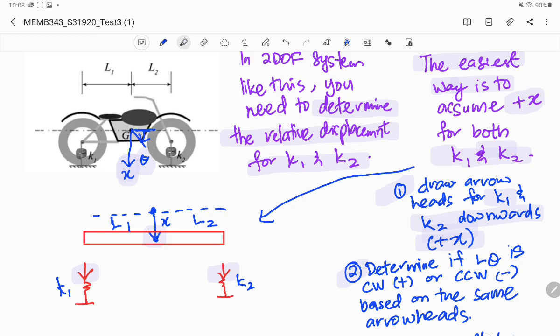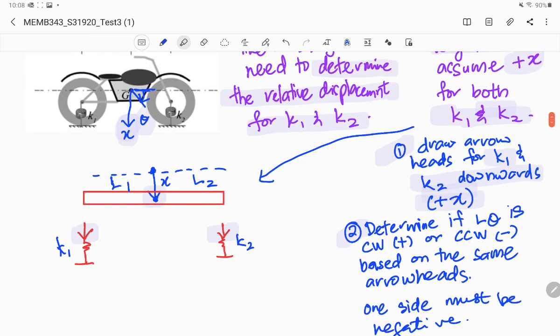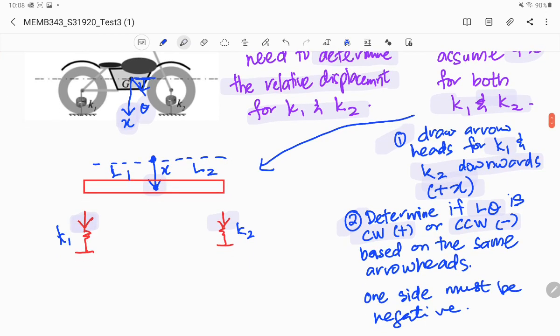The second step is to determine whether your L theta, either L1 or L2, is positive or negative. The question already defined clockwise as positive and counterclockwise as negative, based on the same arrowhead.